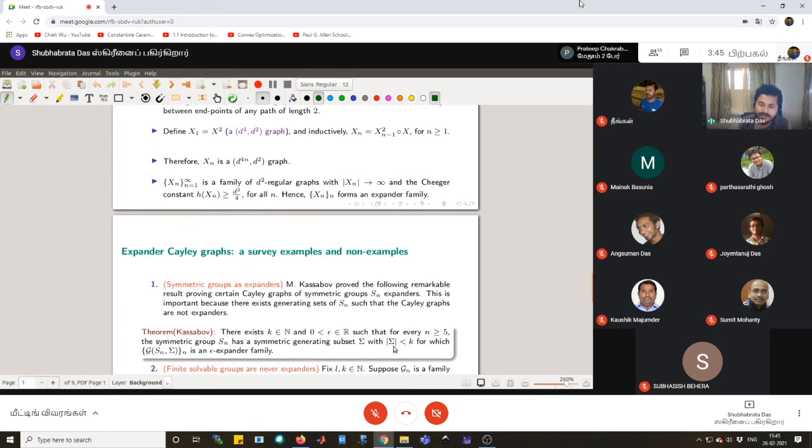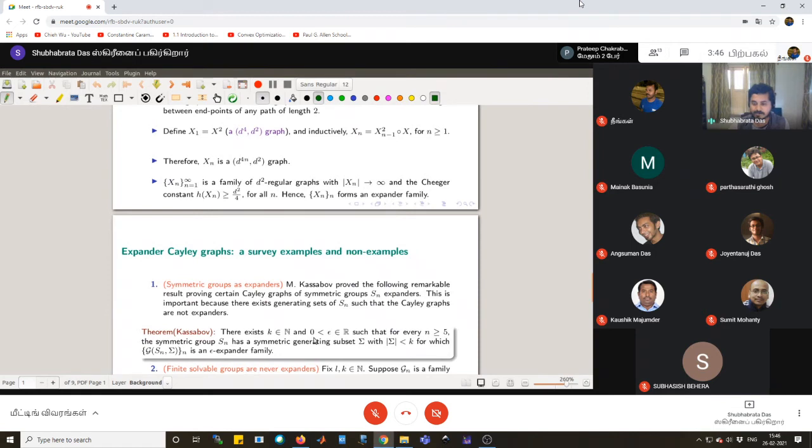is an expander. But there are also generating sets available of bounded size for which the Sn do not form an expander family.